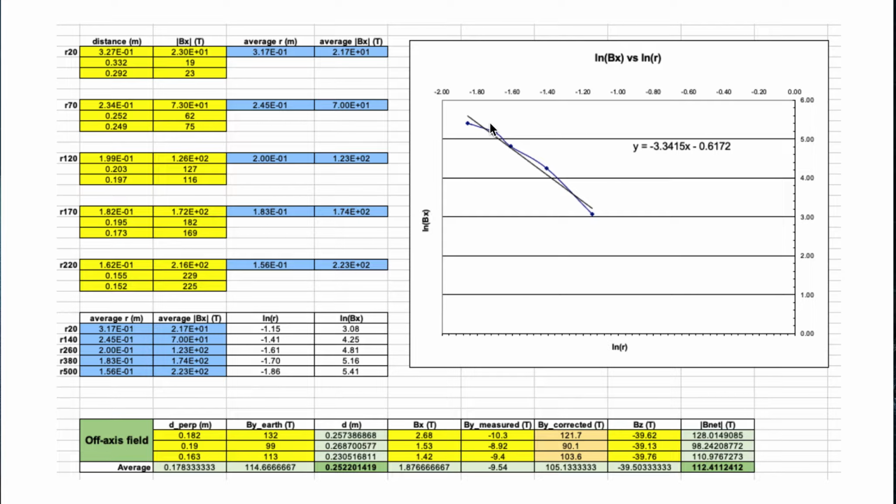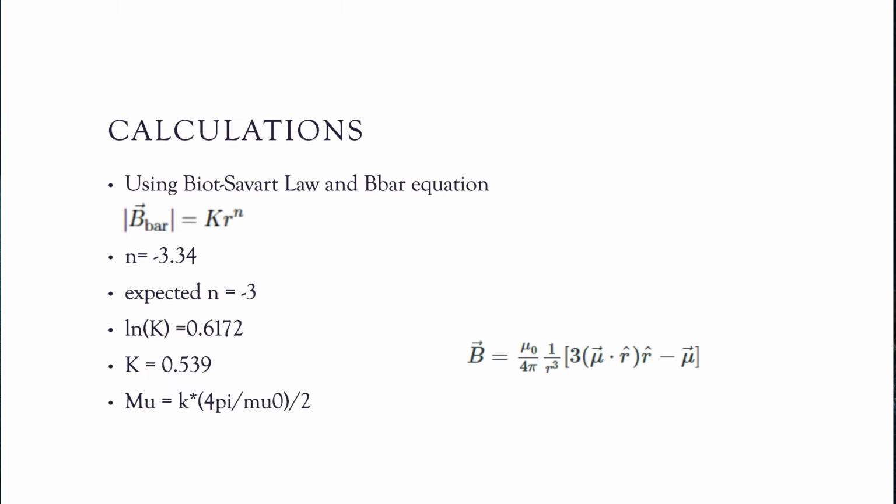And we plotted the data of the logarithm of B of x versus the natural log of r. And with that, we found a slope and an intercept we'll be using in the next part in our calculations. And using them in our calculations, we used the B-bar equation and the Biot-Savart law.